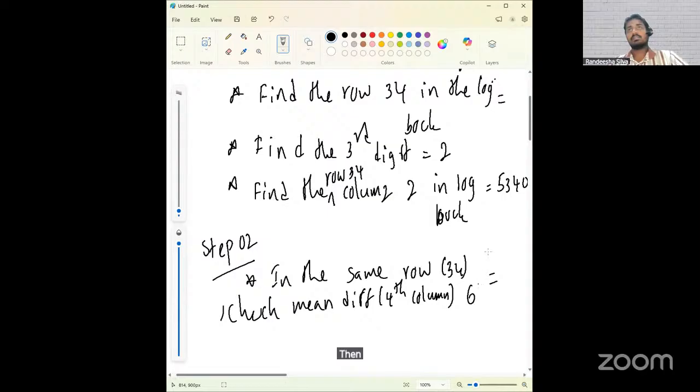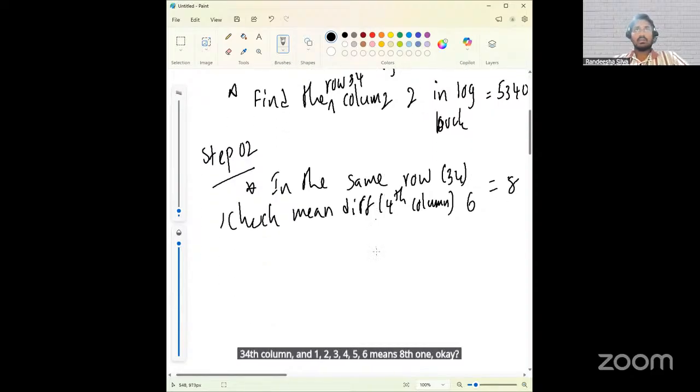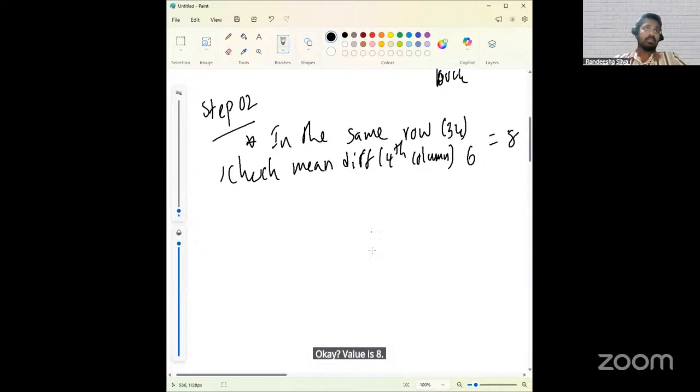For 34, I'll go for 6, which means 1, 2, 3, 4, 5, 6, so 6 part means 8. How did it come? Here, row 34, and 1, 2, 3, 4, 5, 6 means the 8th one. Okay. Value is 8.